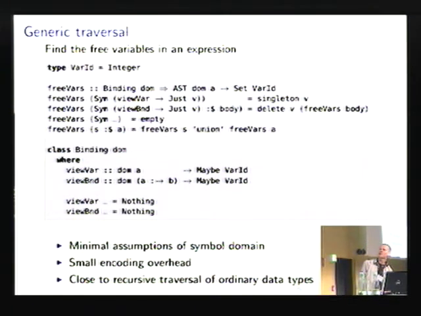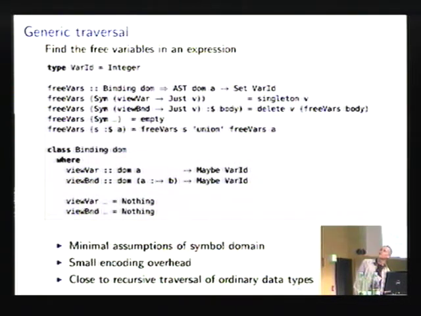And that's captured by the Binding class, which has a function viewVar that checks whether a symbol is a variable, and in that case returns its ID. And the viewBnd, which checks if a symbol is a binder and returns the ID. And here the idea is that the binder has a sub-expression, and the variable is bound in that sub-expression.